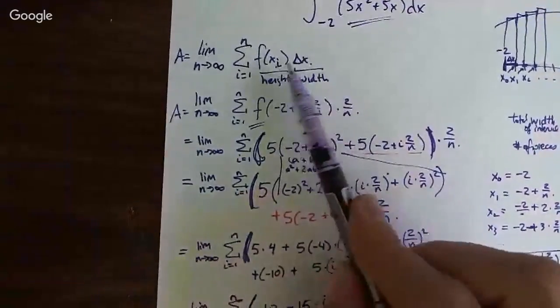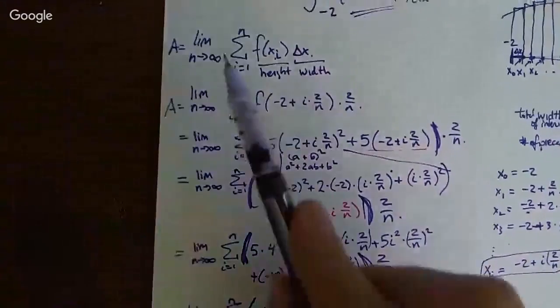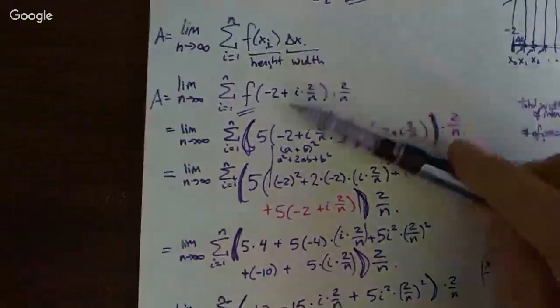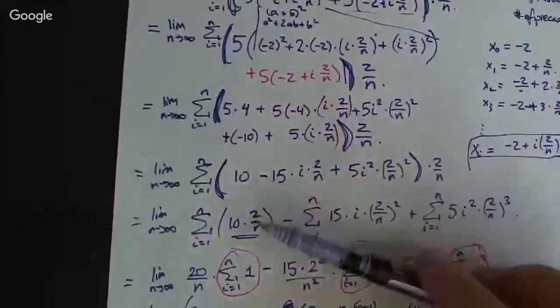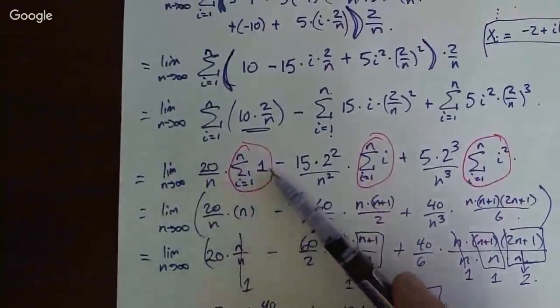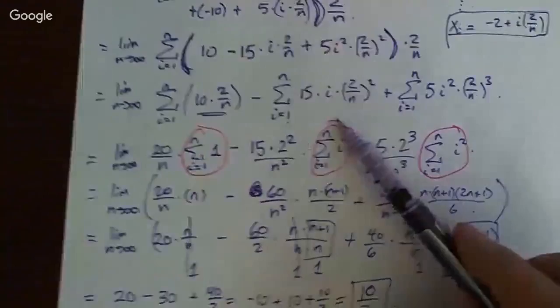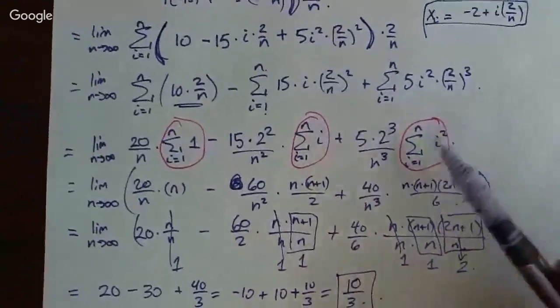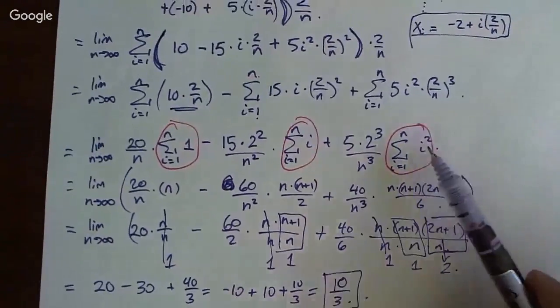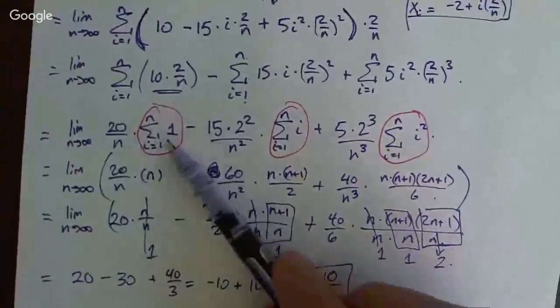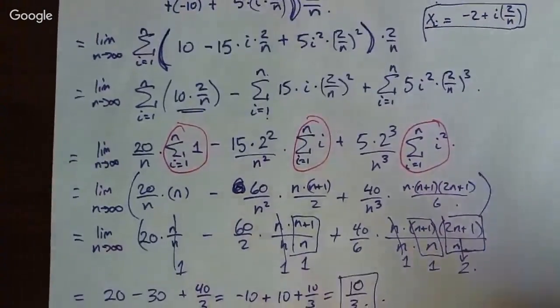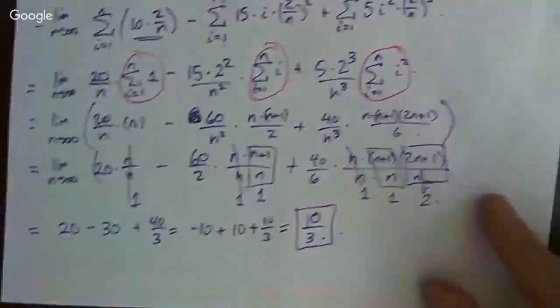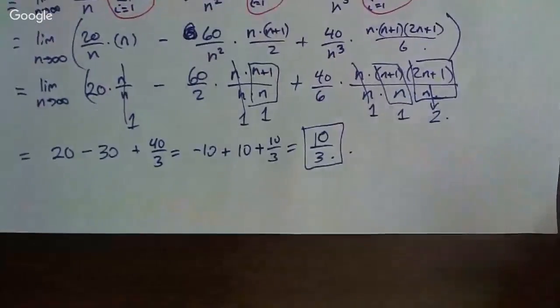With the xi's and the delta x, we took the limit as n goes to infinity of the sum of this. We did a whole bunch of algebra to get it into a form where we have the sum i goes from 1 to n of 1, the sum of i, and the sum of i squared. And when we do those, we plug in those formulas that we know. And in the end, you do the rest of the algebra, you get 10 thirds.